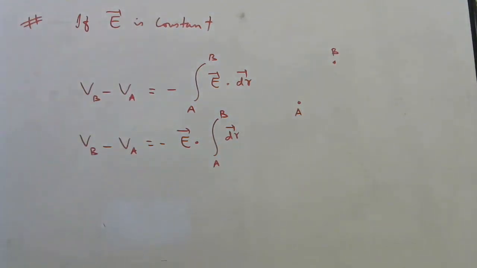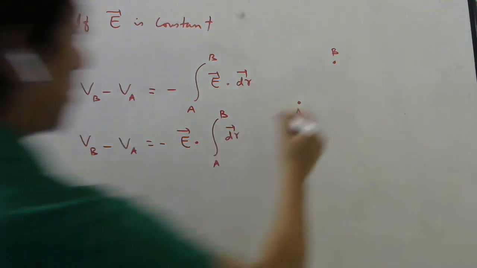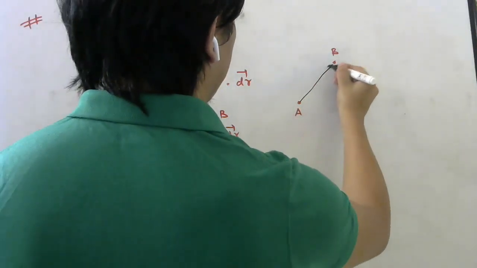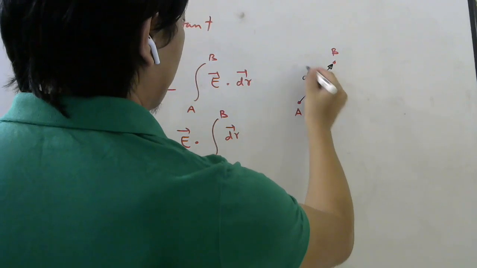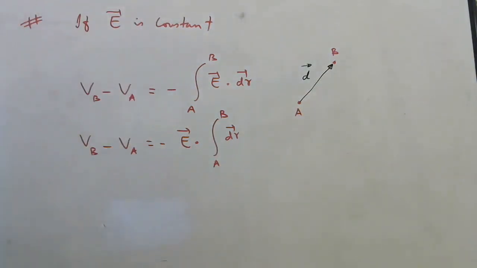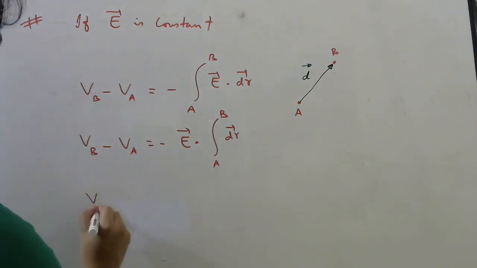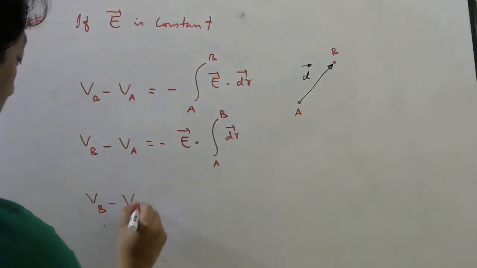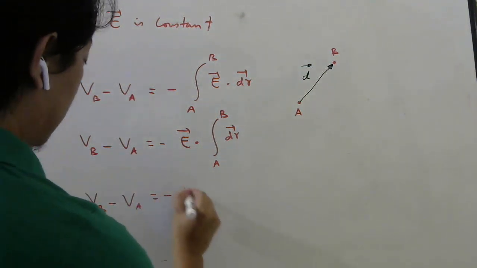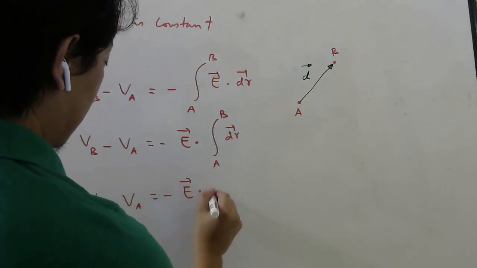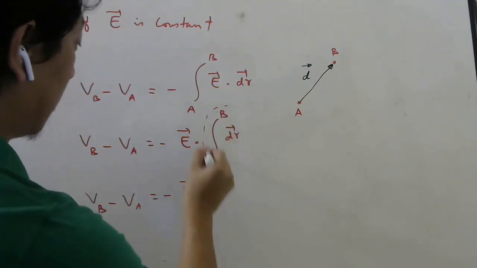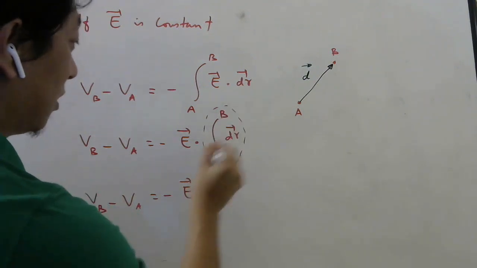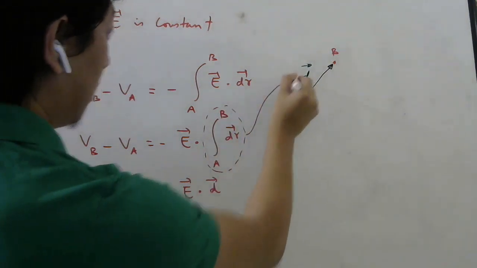Total displacement. Let us write that displacement as d bar. Then I can now write the potential difference between 2 points equals minus E bar dot d bar, because this is your total displacement. Integration of small displacement will give you total displacement.